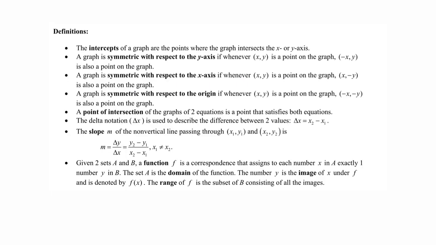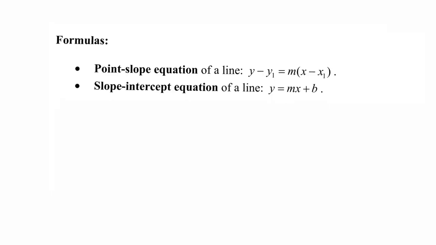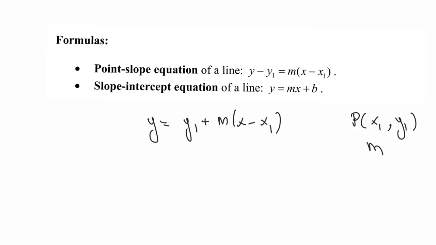Okay, here on the last page are the 2 equations that you need to know. This is the point-slope equation, which says that y equals y1 plus m multiplied by x minus x1. This is the equation of a rectilinear line that is passing through the point P (x1, y1) with a slope m.